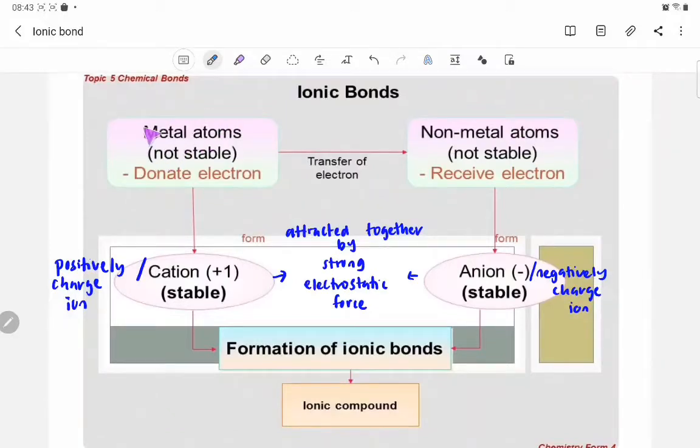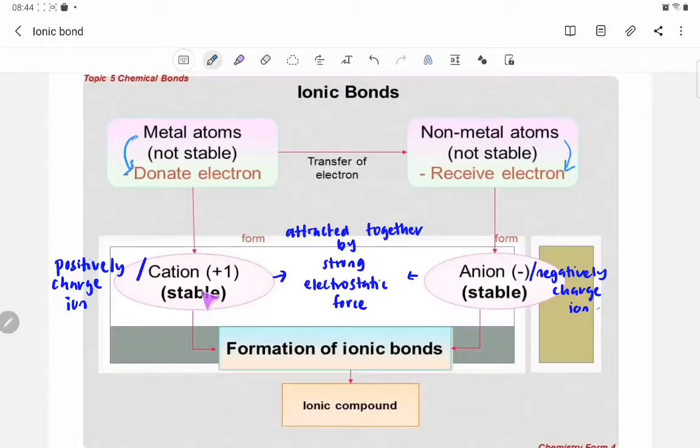So metal atoms will donate the electron and will form the cation, which is a positively charged ion, and we know that is a stable form. For non-metal atoms, we know that is a not stable form. So it receives the electron and then it will form the anion, a negatively charged ion, which is a more stable form.